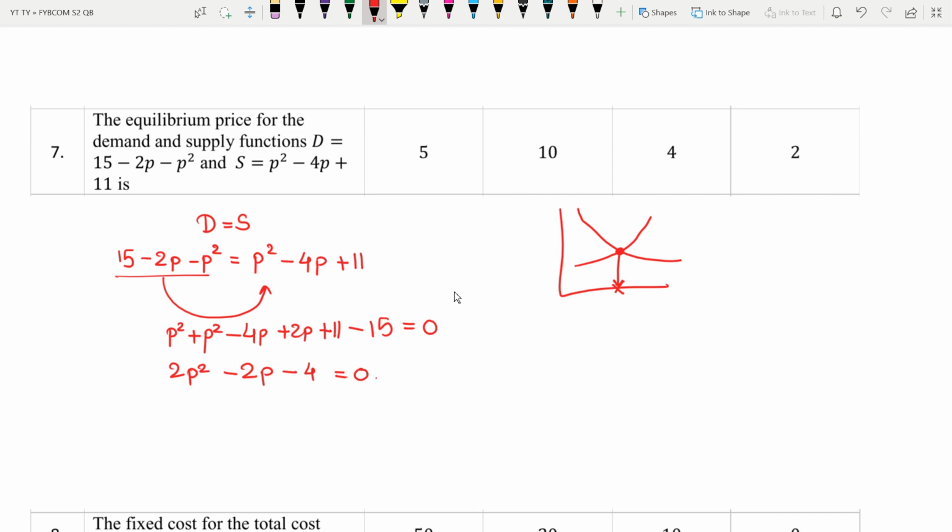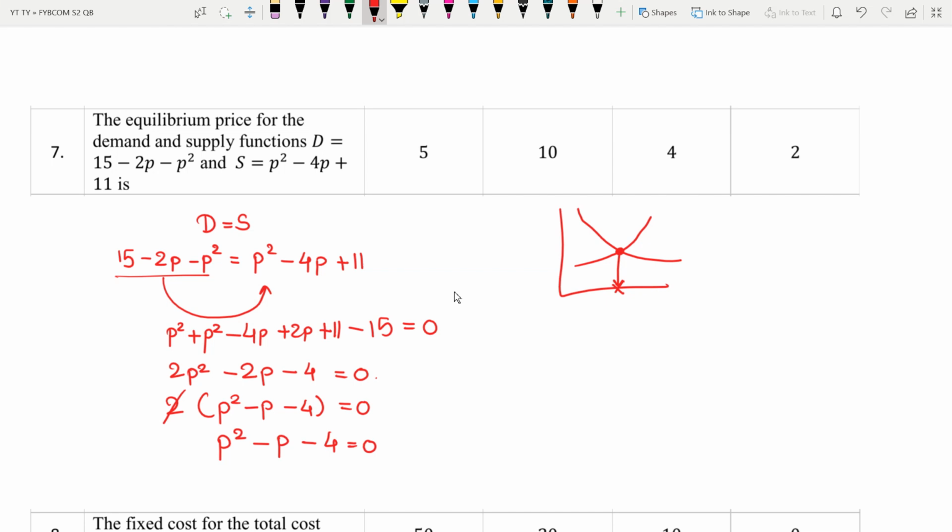What I can do is take 2 common. So if I take 2 common, it is p square minus p minus 4 equal to 0. This 2 goes to the other side, 0 by 2 is 0. So finally I get p square minus p minus 4 equal to 0.